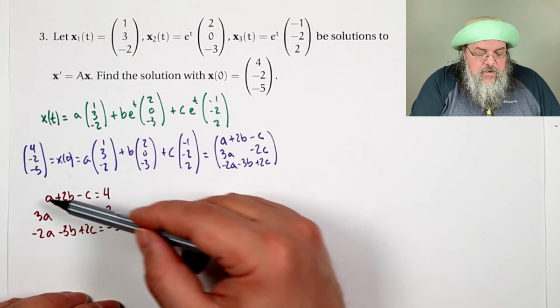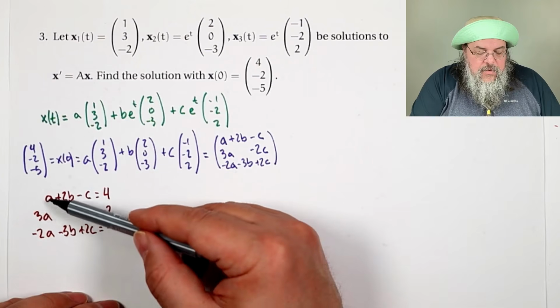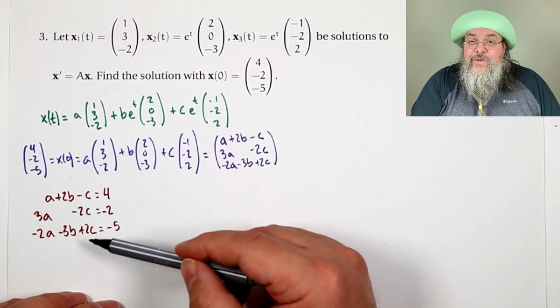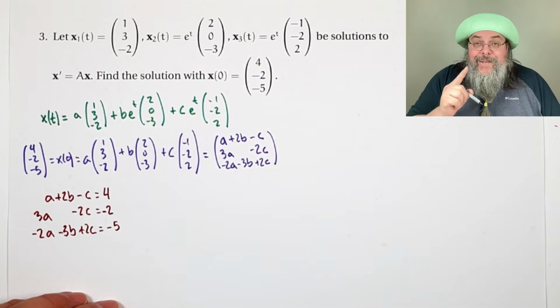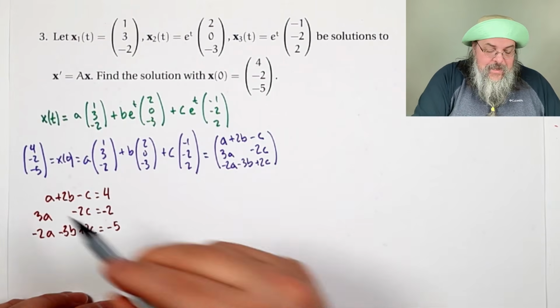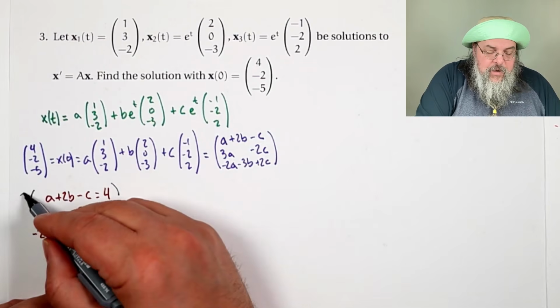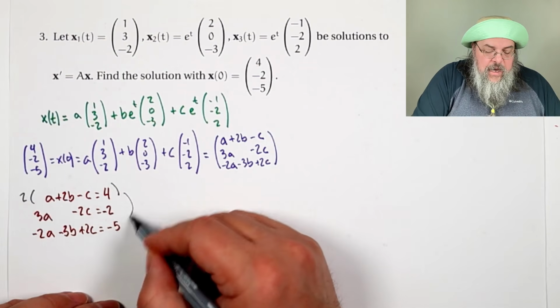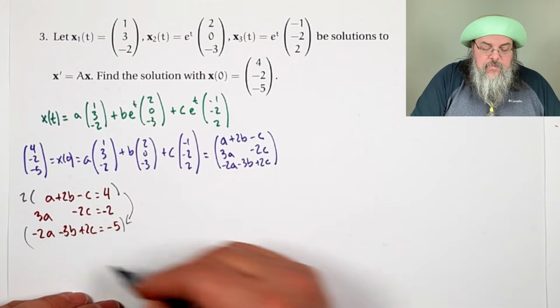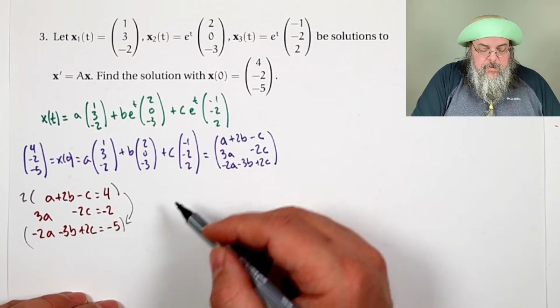Well, notice if you doubled everything, you'd have 2a versus -2a and -2c versus 2c. That could get us some cancellation. Idea: let's take the first equation, multiply it by 2, and add it to the third equation.